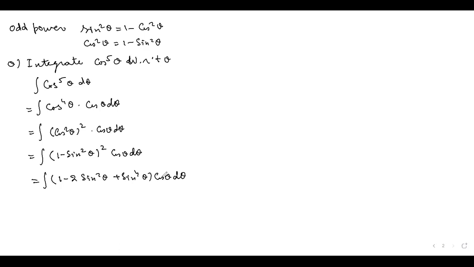Now, how can we integrate this expression? Any suggestion? How can we proceed further?